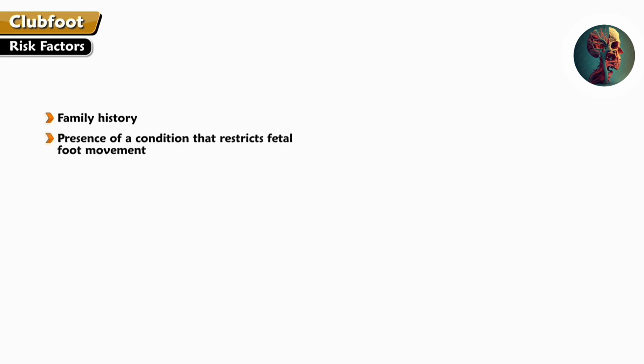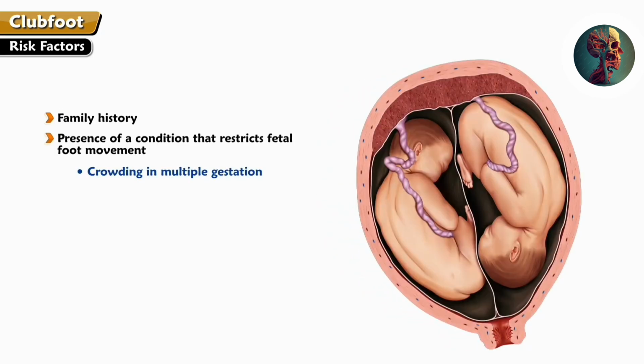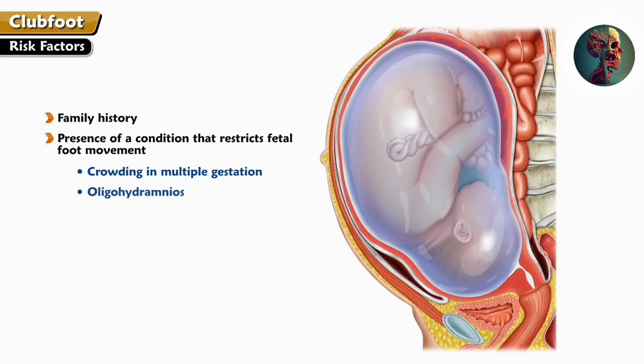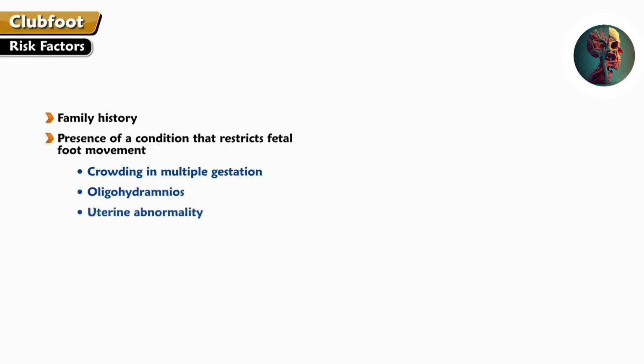The major risk factors for clubfoot are a family history of the defect and the presence of a condition that restricts fetal foot movement, such as crowding in multiple gestation, oligohydramnios, uterine abnormality, and fetal neuromuscular disorders. These risk factors are generally not modifiable.